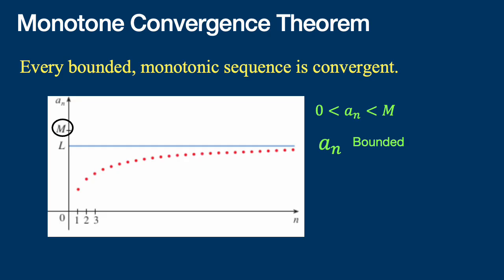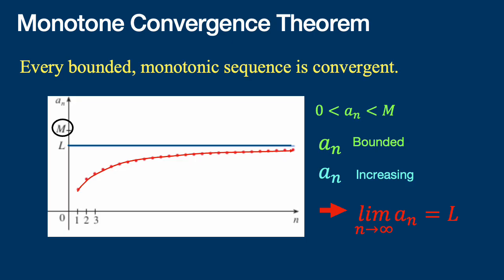Also, look at the behavior of the sequence. What happened? The sequence is increasing. Then the limit of this sequence gets close to a certain value L, which means this sequence has a limit L. Right, guys? This one is very powerful.